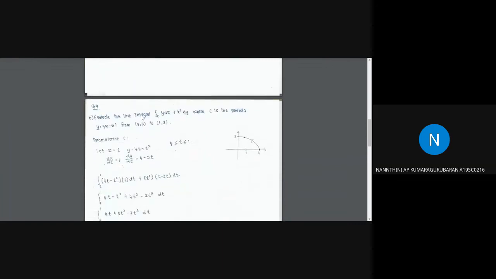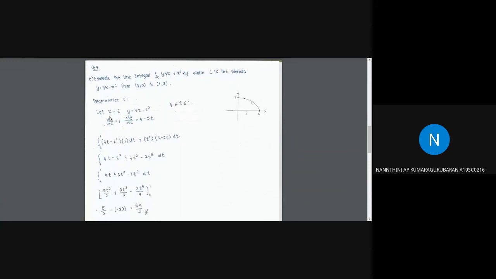Then question number 2. Evaluate the line integration along C of y dx plus x squared dy, where C is the parabola y equals 4x minus x squared from (4, 0) to (1, 3).